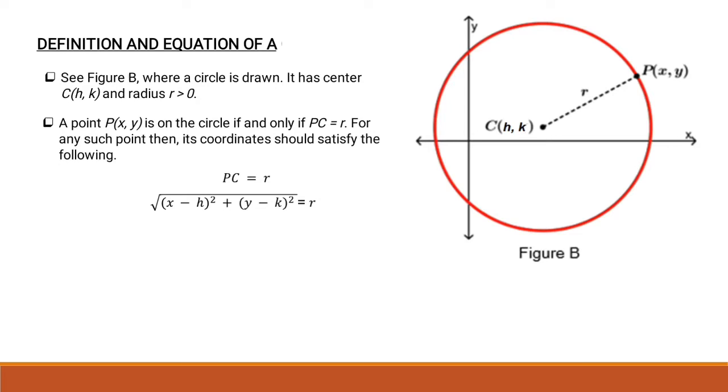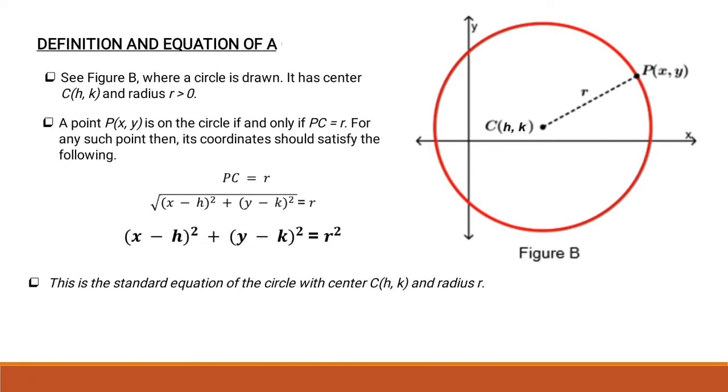Our x sub 2 is x, our x sub 1 is h, our y sub 2 is y, and our y sub 1 is k. Therefore, we have the square root of (x minus h) raised to 2 plus (y minus k) raised to 2 is equivalent to r. For us to remove the square root, we have to raise both sides to 2.